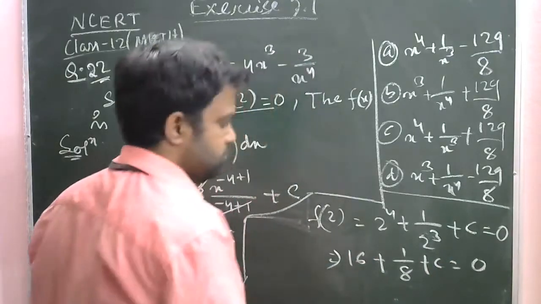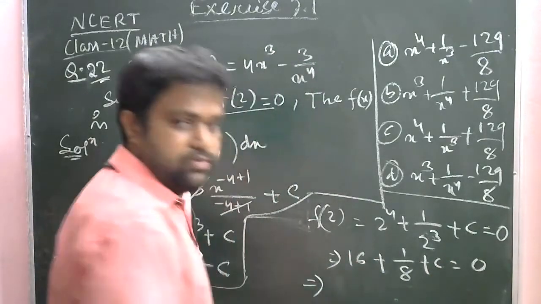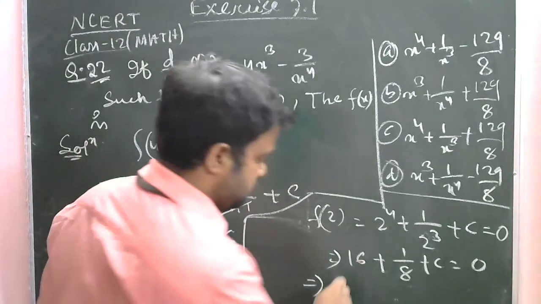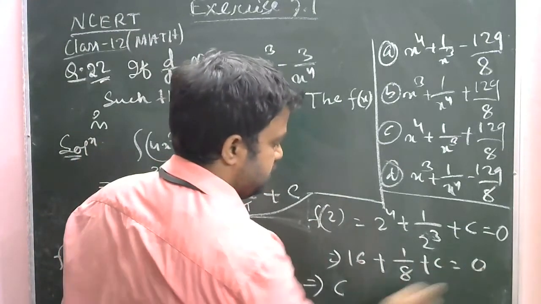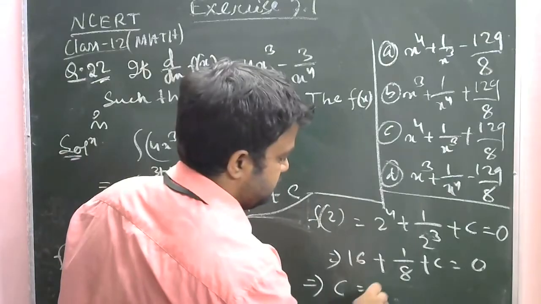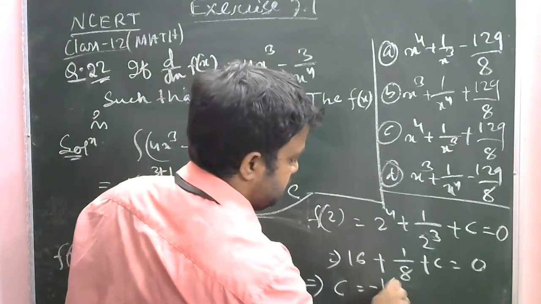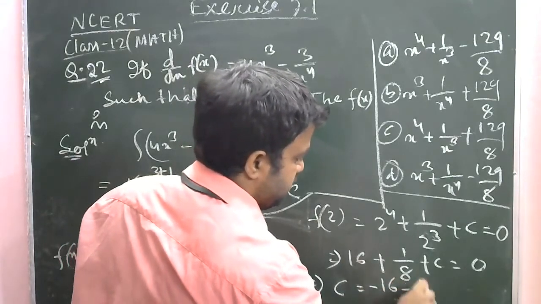So what will C be? These two will go to the right side. That means C is minus 16 minus 1 upon 8.